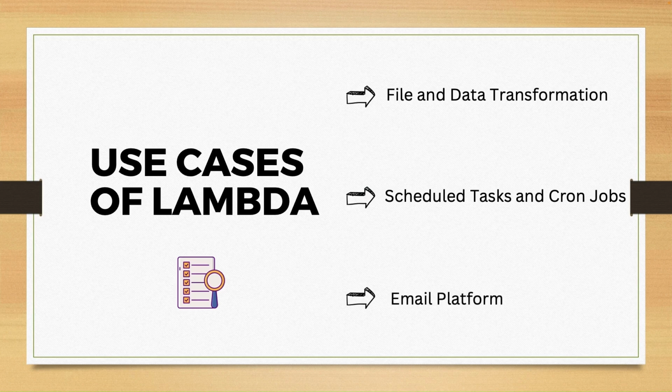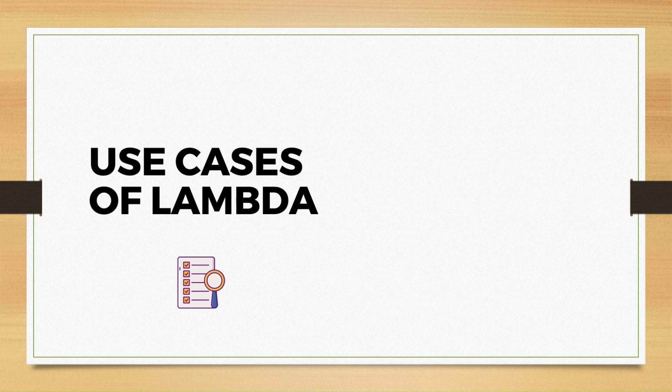Any organization that engages in marketing has mass mailing services as part of its marketing services. You can build a serverless email platform using AWS Lambda and Simple Email Service quite easily, which can scale in line with your application. Many organizations use Lambda to build serverless API backends using Amazon API Gateway.